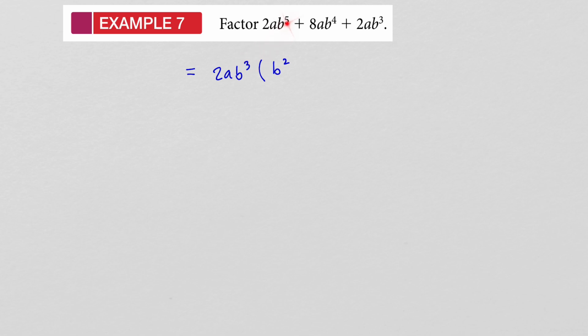Because if I pull 3 b's out of 5, I have 2 left over. Here I will have a positive 4b and then a positive 1. Okay? And once again, if you attempt to factor this using a magic X, you will see that this is not factorable. So this is the only factoring that we can do in this problem.